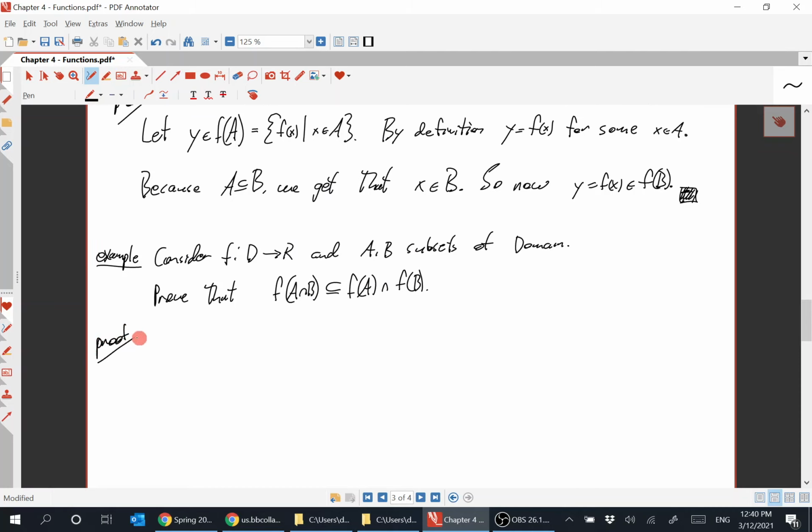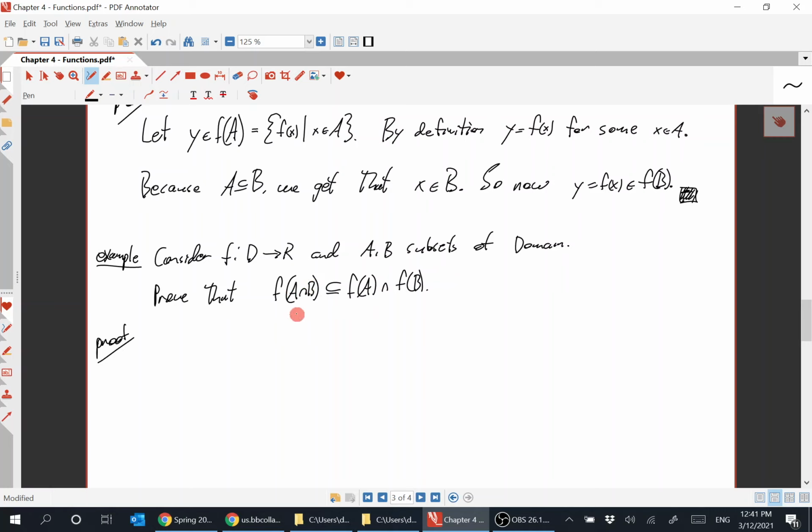So how do we start a proof like that when you're trying to show subset? How does the proof start? What's the first sentence in the proof? I'm trying to show this set is a subset of this set.